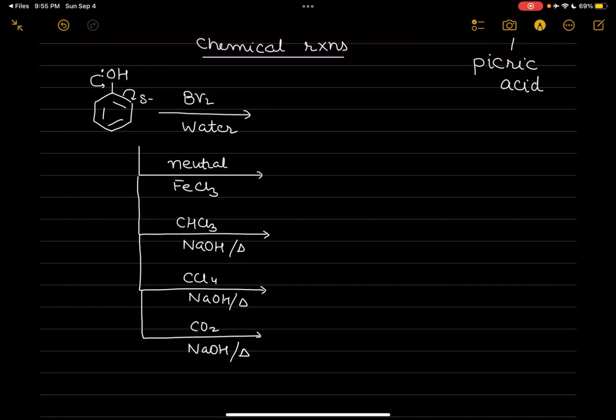And this phenol in water changes to phenoxide ion, and the phenoxide ion is very resonance stabilized. So it has minus charge on all the ortho and para positions. So Br will get attached to all the positions where the ring has more electron density. Is it clear?